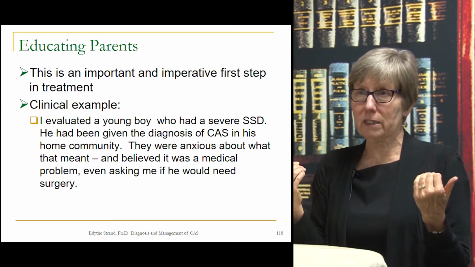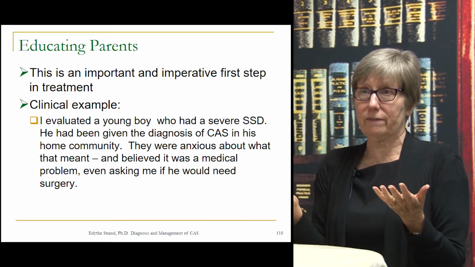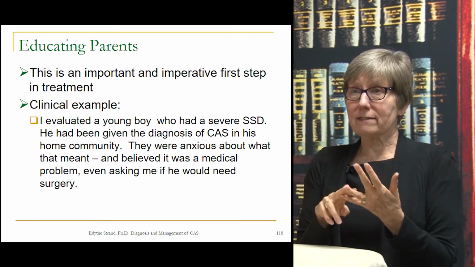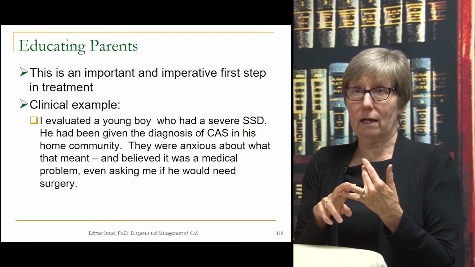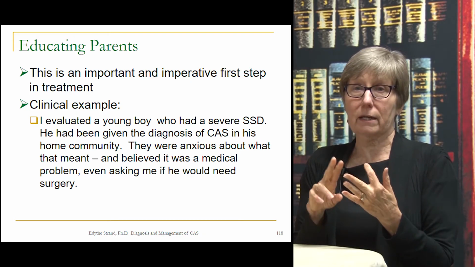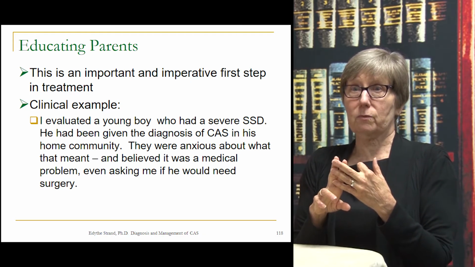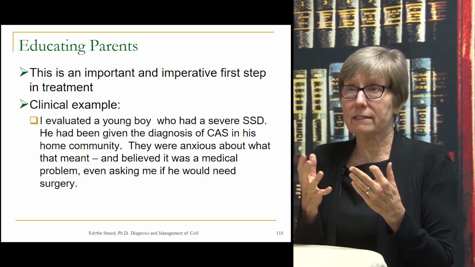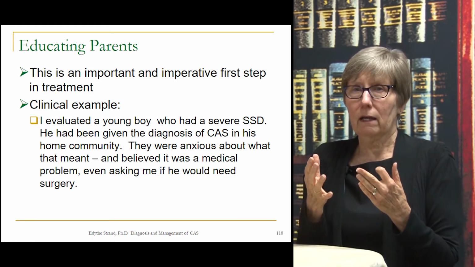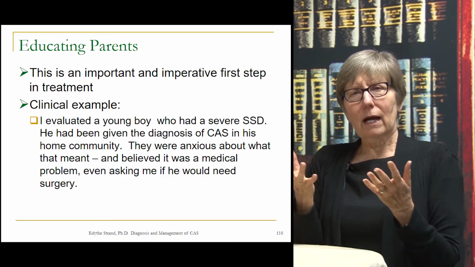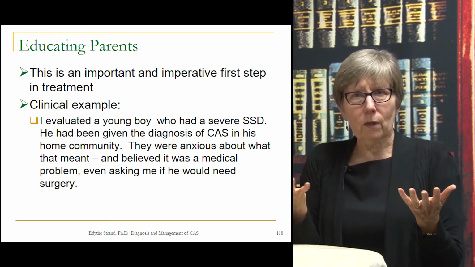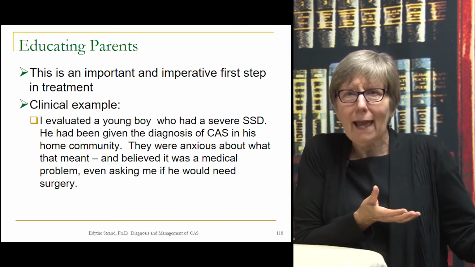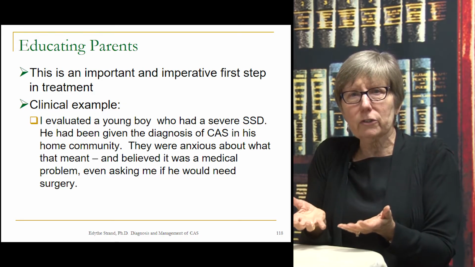These were educated people, but they had never heard of this, and they were crying. They were asking me if their child would ever be able to talk. They were asking me if this was like a brain tumor. Would he need to see a neurologist right away? And what do you think I was left wondering? Well, I was left wondering what did the speech pathologist say after she used that label?